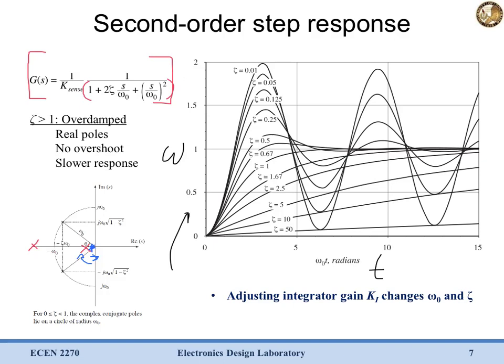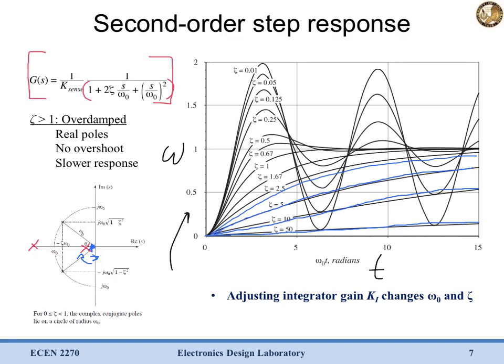So we've commanded our motor to go to a new speed, and this is what omega does. You can see for these large zeta values, it's very smooth, but it takes a really, really long time to get to where we want it. And as we start decreasing zeta, it starts going faster and faster to get to where we want it to go.